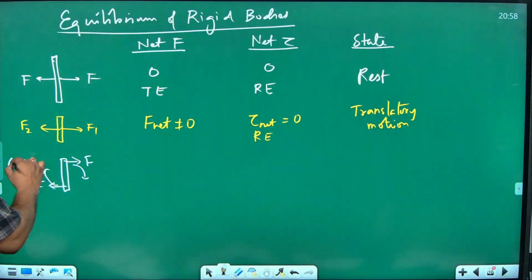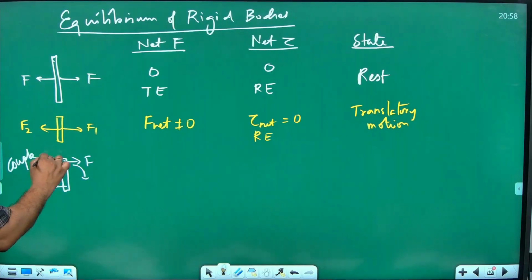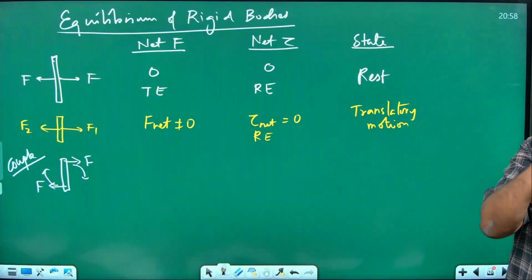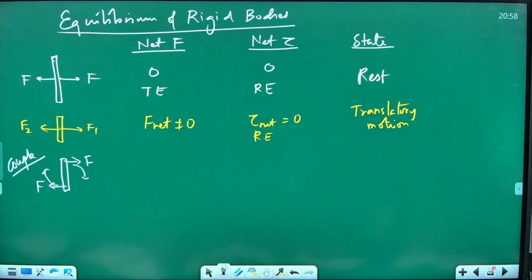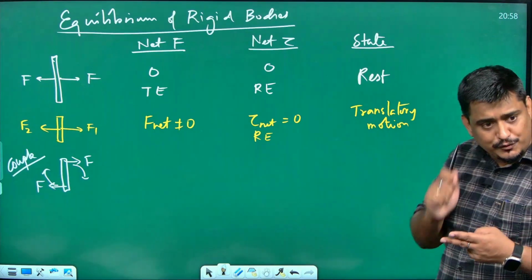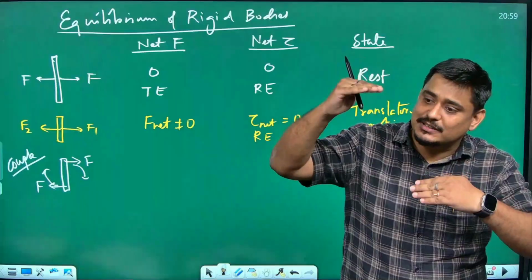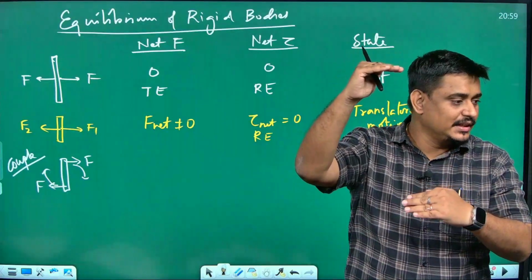This is called as couple. Couple means two equal and opposite forces acting in different lines of action. What is a couple? It is a special condition of torque where there are two equal and opposite forces acting in different lines of action, not in the same point, different points. This is called as couple.